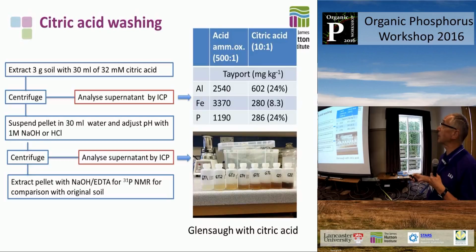We then centrifuge the mixture, analyze the supernatant by ICP, and this is some data for the Tayport soil here. This is what's been taken out by the citric acid, and the percentage here is the percentage of that taken out by ammonium oxalate. So it's much less than the ammonium oxalate.